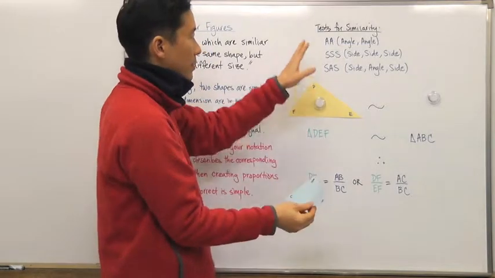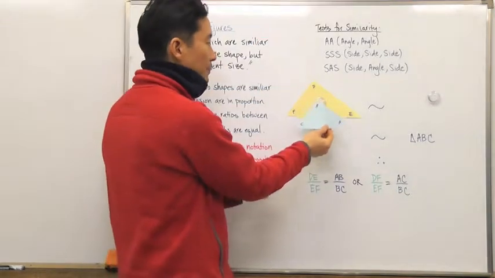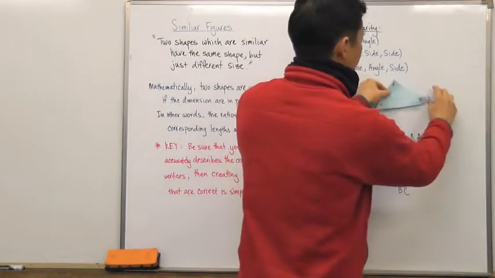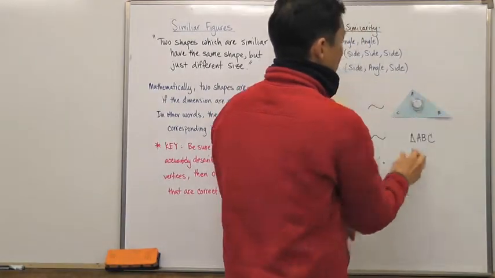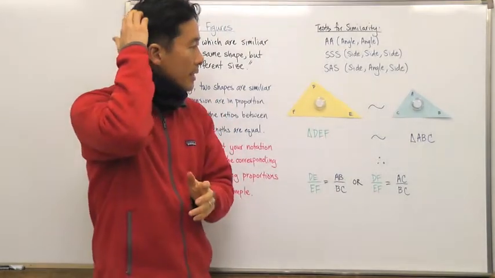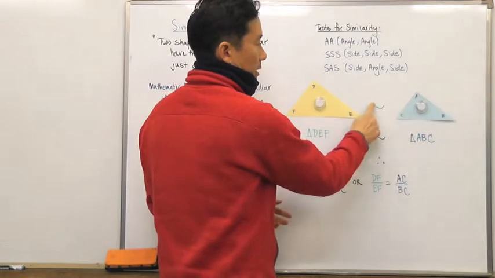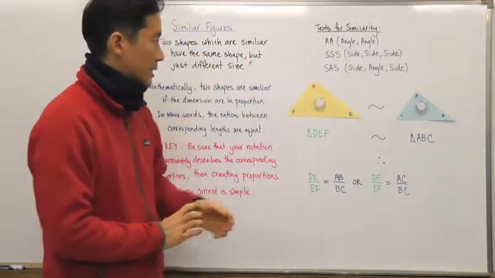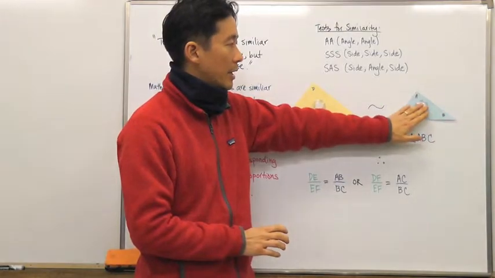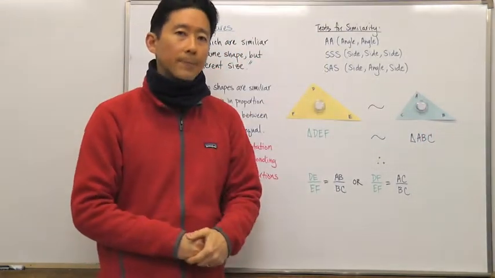But for right now, let's just say that our simple test for similarity, angle, has allowed me to mathematically say that these two figures are indeed similar to each other. If we say that they are similar, we use this notation, a single wavy line, which says that this triangle here is similar to this triangle here because of the angle test for similarity.